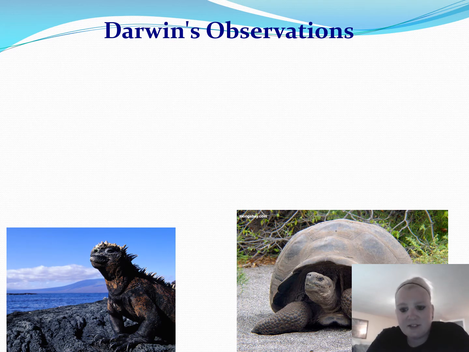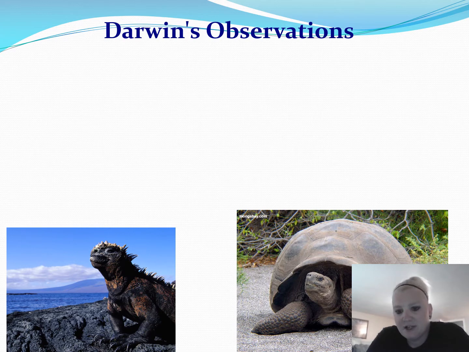So some of the things that Darwin observed had a lot to do with animals. Let's talk about these pictures that I have here. So I've got this iguana looking guy here, and you'll notice that he's sitting on what looks like some dark rocks. And the iguana is dark in color.